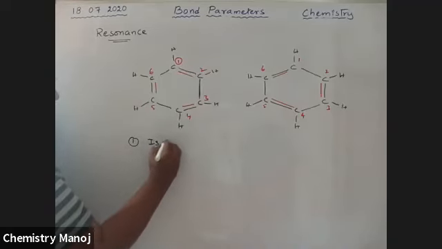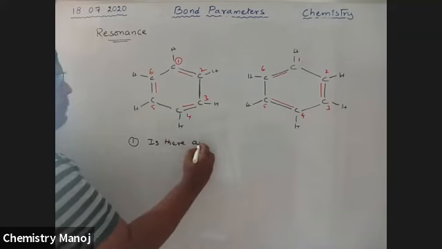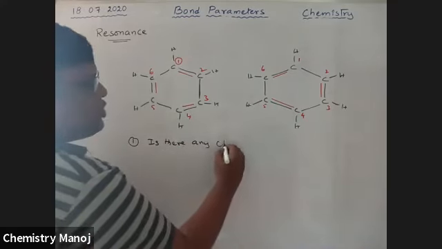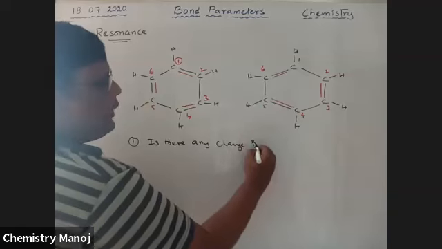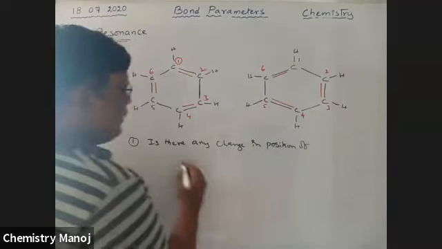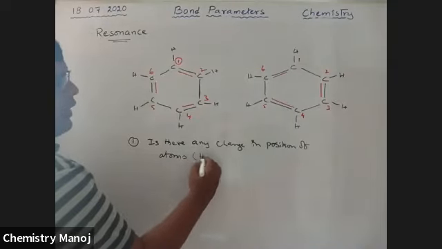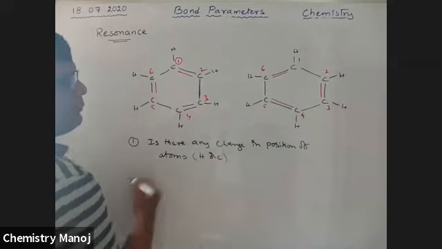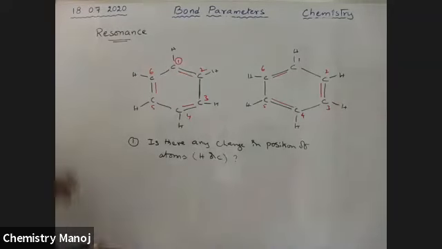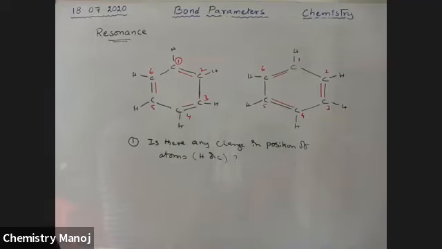See here, first point: is there any change in the position of atoms, that is hydrogen or carbon? Tell me, is there any change in position of carbon atoms or hydrogen atoms in these two structures? Is the placement changed or not?